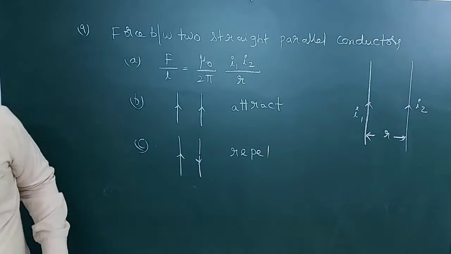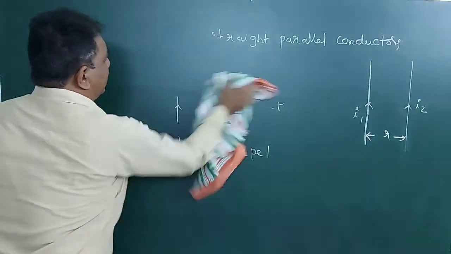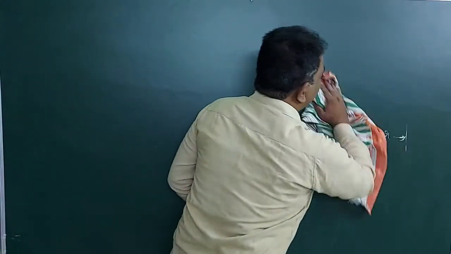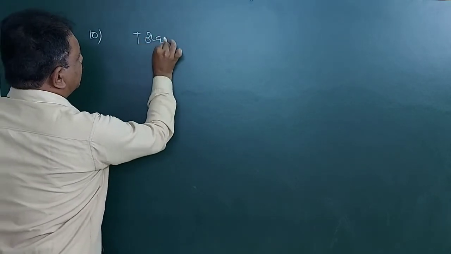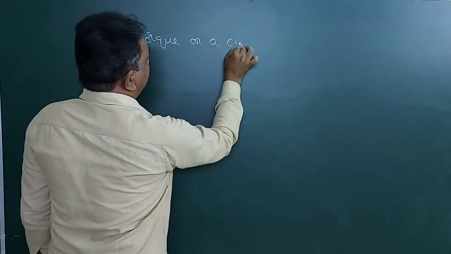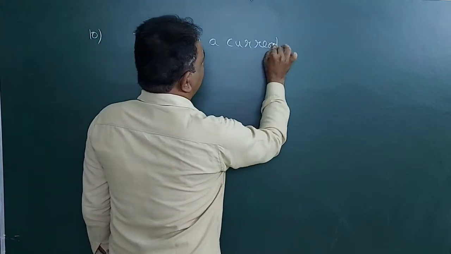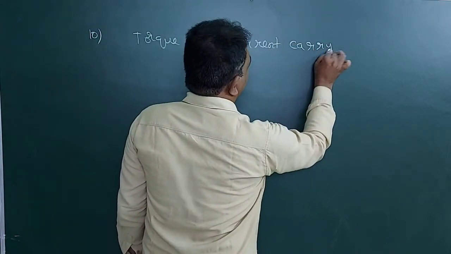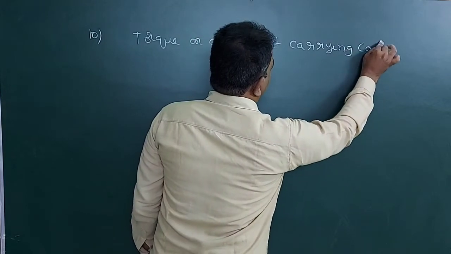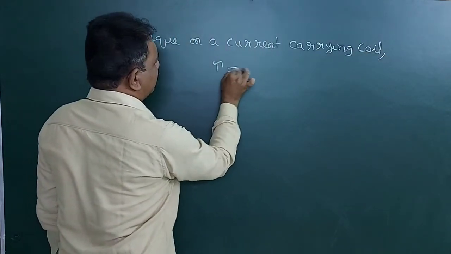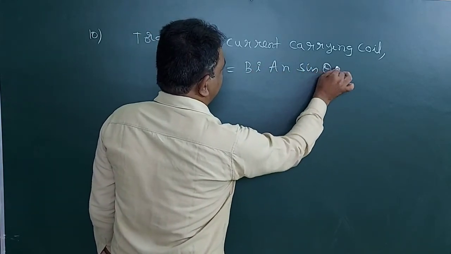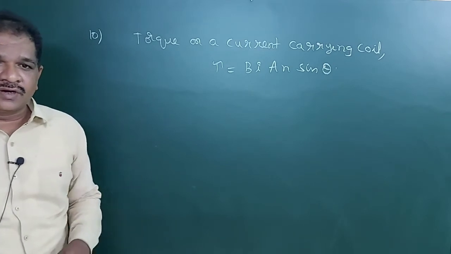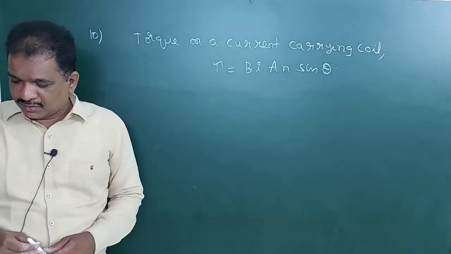Next, what is the torque acting on a current carrying coil? Tau is equal to B I A N sin theta. This is the formula for torque acting on the coil.